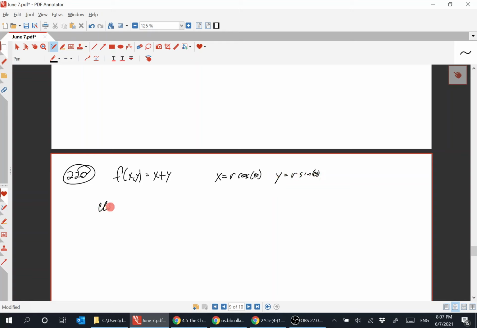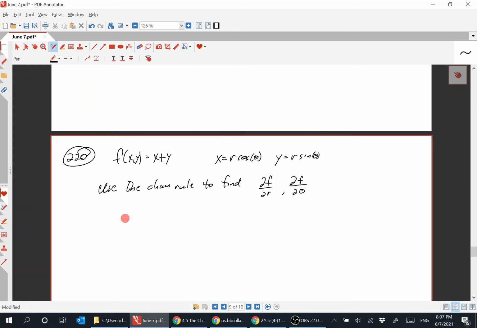All right, so use the chain rule to find partial f with respect to r and partial f with respect to theta. So f is a function in terms of x and y, and then x and y are in terms of r and theta.